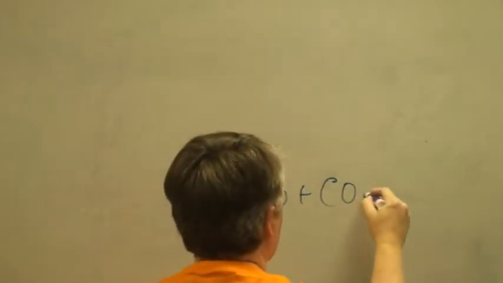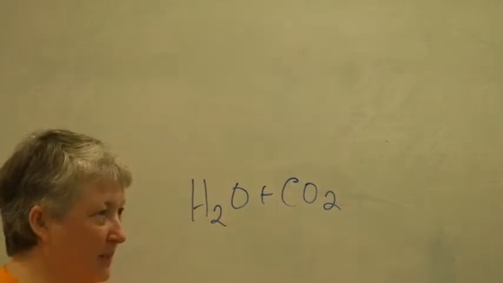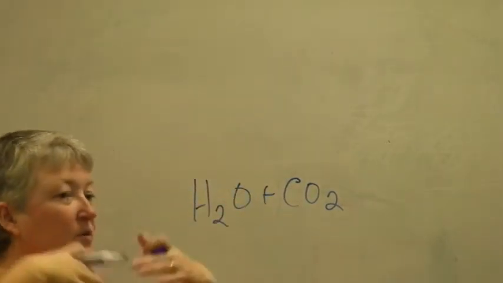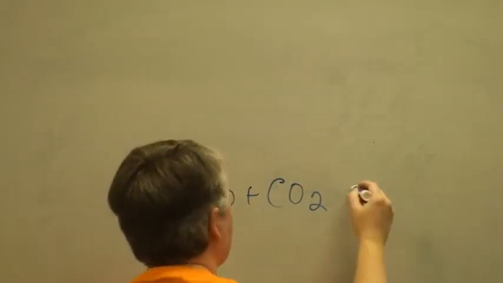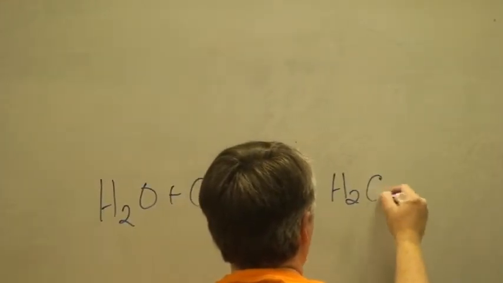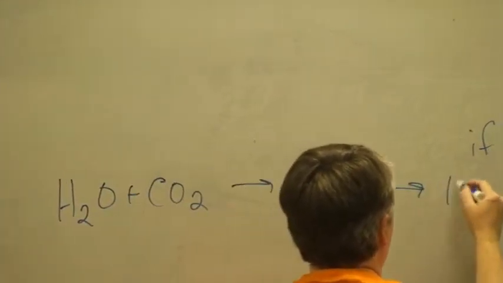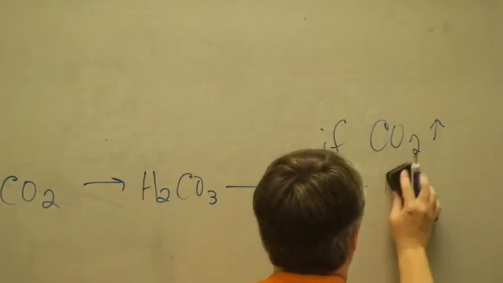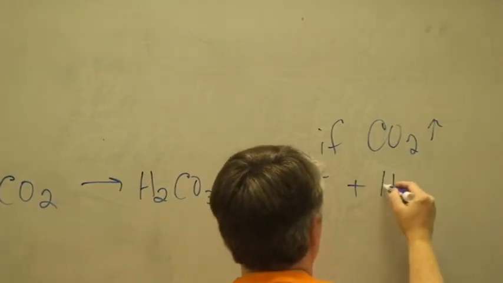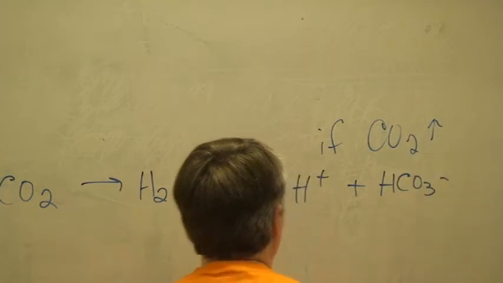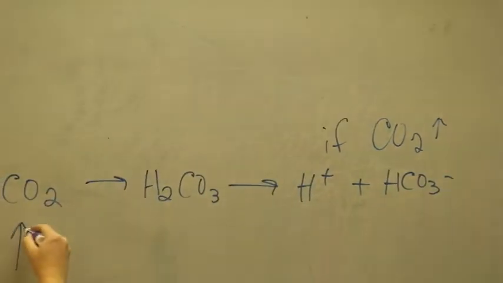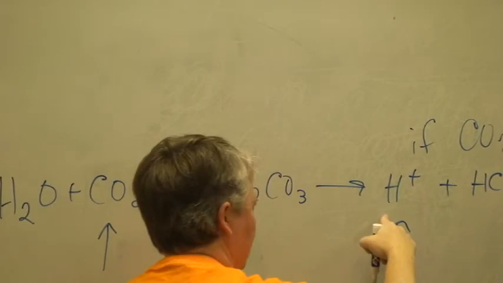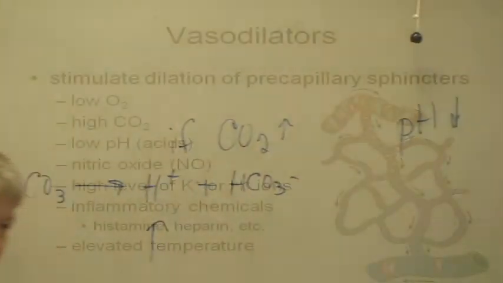Remember that water plus carbon dioxide, and of course if your cells are metabolically active, they're breaking down glucose, they're producing carbon dioxide. This is carbonic acid, which falls apart to produce hydrogen ions and bicarbonate ions. So if this increases, this increases. If that increases, pH decreases.